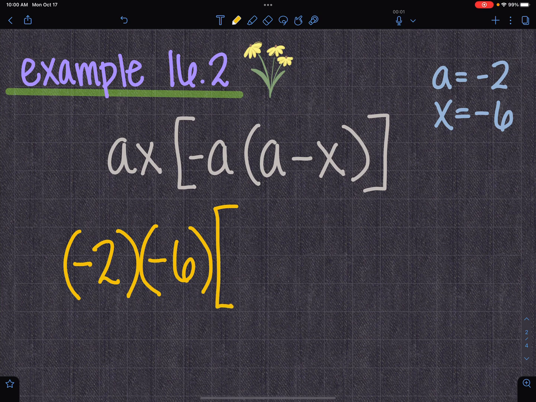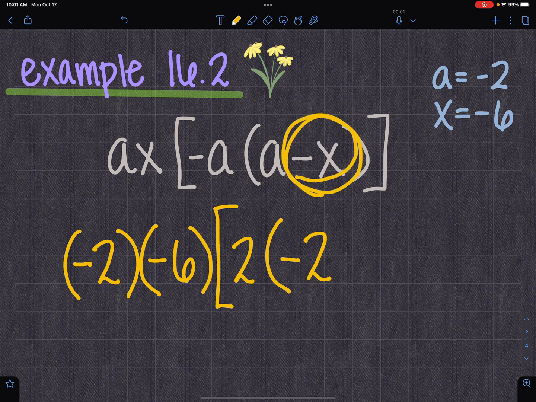Okay, now I bring down that bracket, and I'm going to put in right here, because it's negative A, the opposite of that. So I'm just going to make it a 2. Then I bring down the parentheses, and now it wants an A. An A is the actual thing. So negative 2.